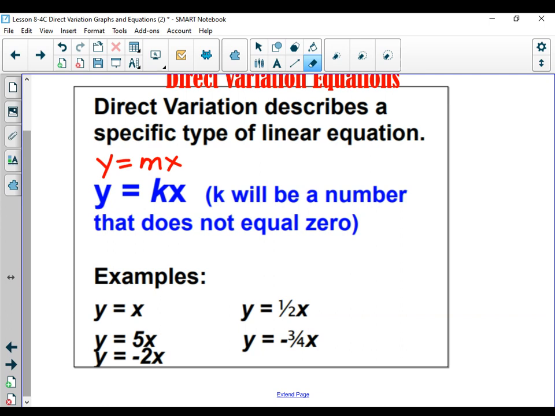He's trying to tell you the y-intercept is 0 by using a k. If he uses an m, the y-intercept is probably something else, like plus 3 or minus 2 or something like that. I would put this in this box if I was you. y equals kx.